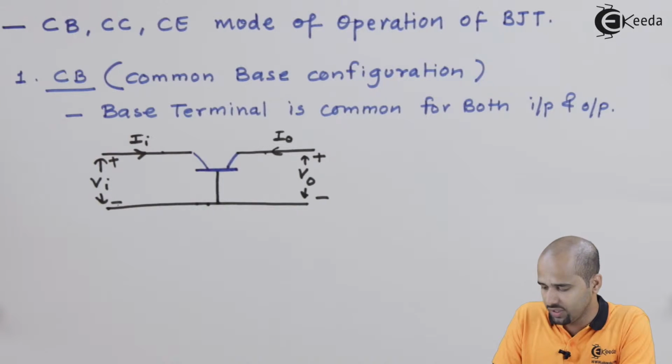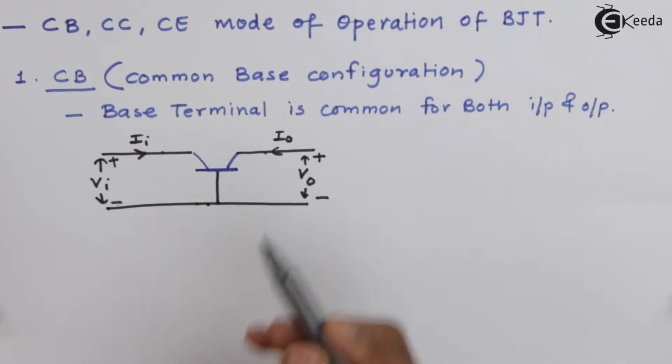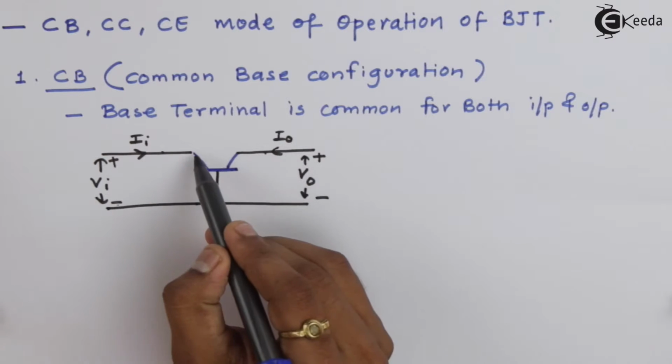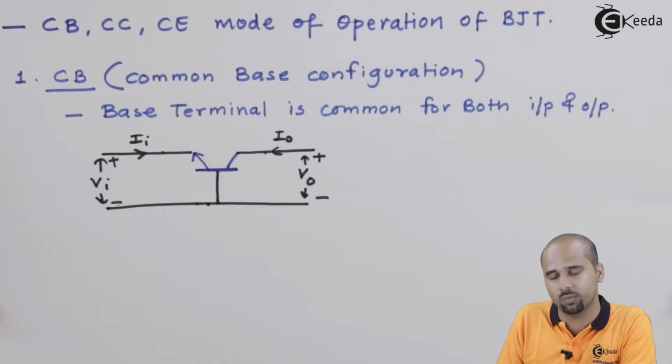In the common base configuration, the emitter is the input and the collector is the output. So this will be your representation, and this complete configuration is called common base configuration.